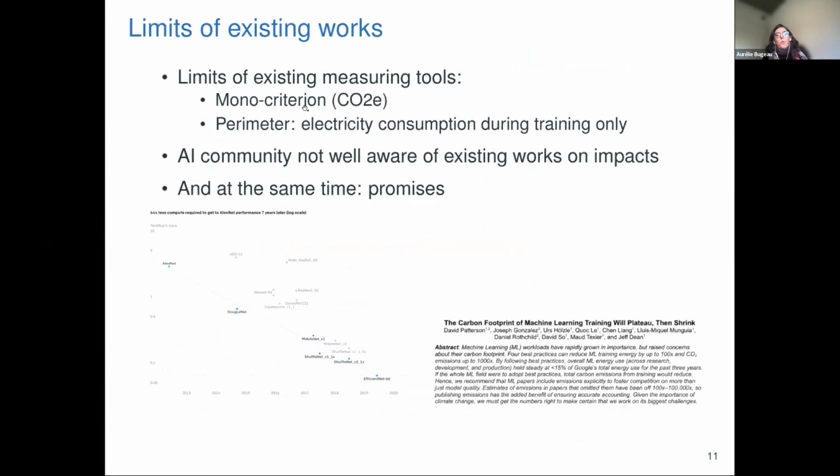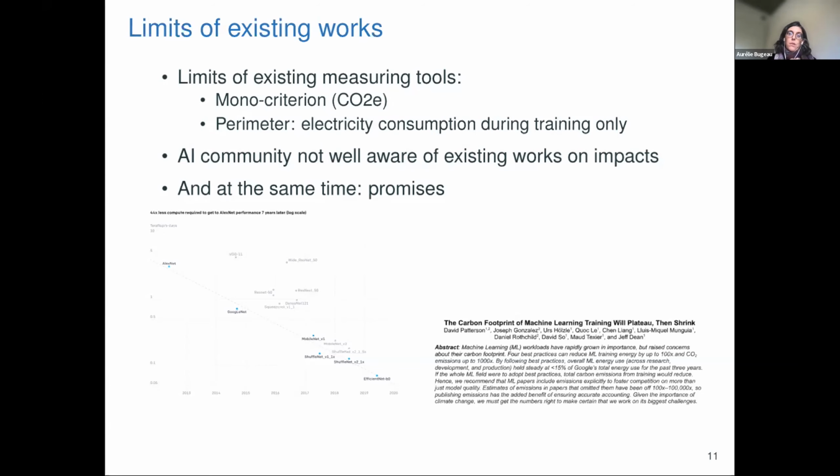The limit with all those tools is that they are monocriterion. We are only looking at CO2 emissions, which is really a very small part of the global environmental problem today. There are many other impacts like ecotoxicity, resource depletion, or biodiversity that maybe we should look at.